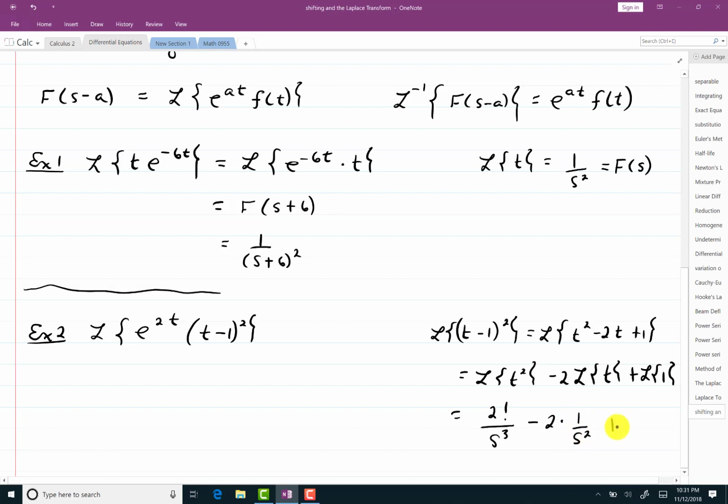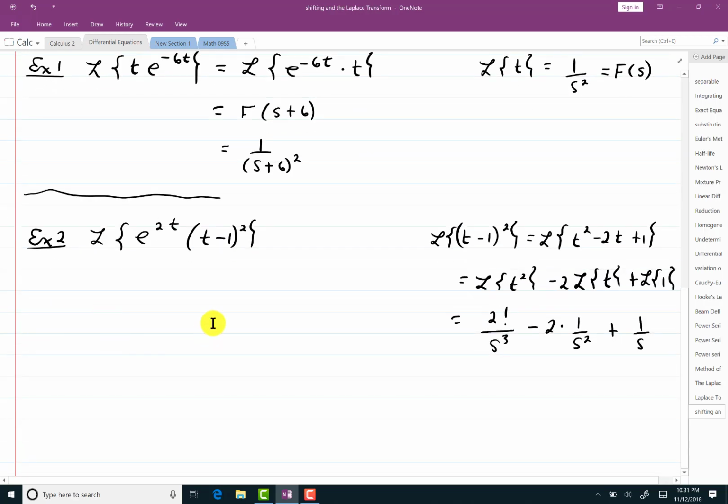And then finally I'll have 1 over s. So this version is the F of s version that I'm thinking of. And so according to this, I have to shift, if you will, to 2. Or I'll have to change my s's to s minus 2.